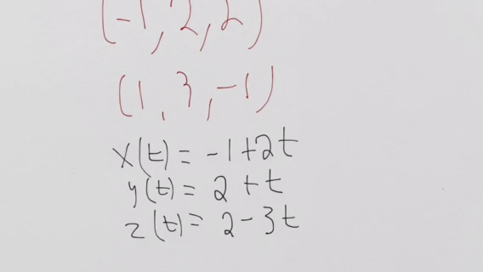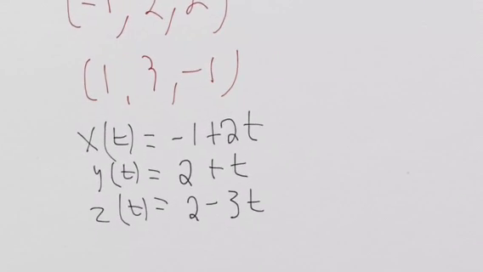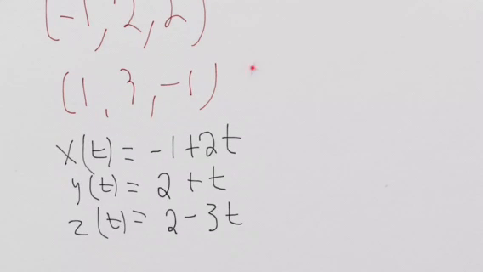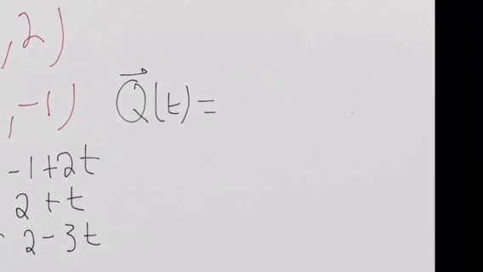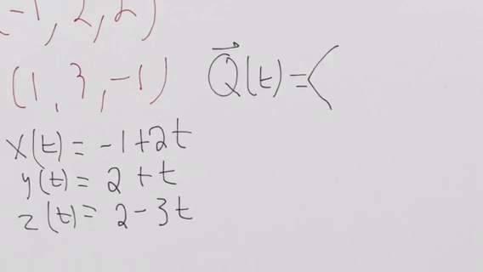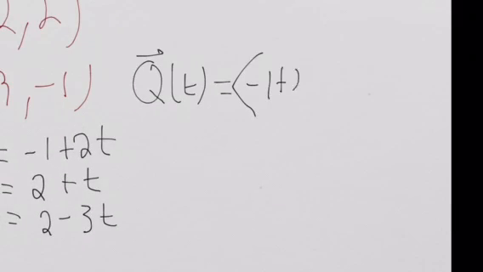So here's our parameterization. Now, if we want to write the set of vectors that is going to trace out this line, we say q of t, with the little arrow, equals, and I'm going to have to go over here. So first is our x component, that's -1 plus 2t.